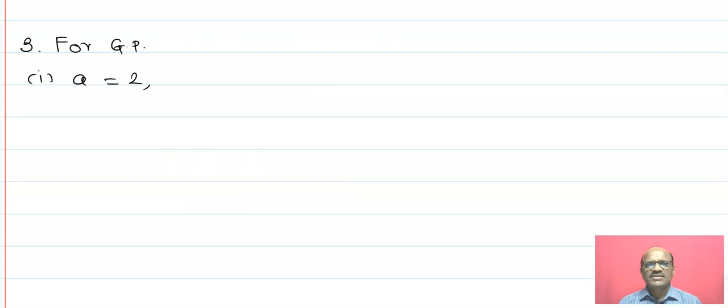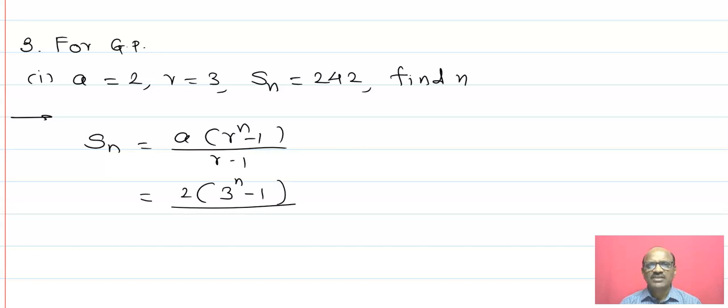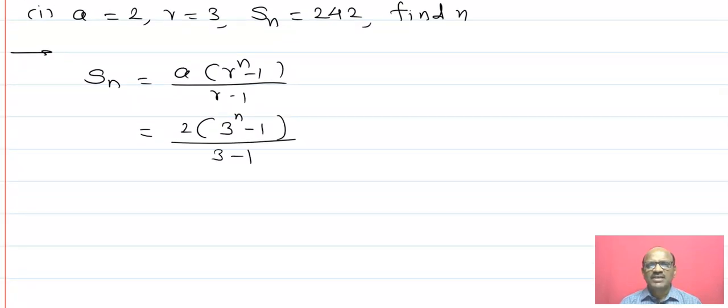Now the next is, for a GP, A is equal to 2, R is equal to 3, Sn is equal to 242. Find n. Now see this here. Sn is equal to A in bracket R to the n minus 1 upon R minus 1. Therefore, the value of A is 2, R is 3 raised to n minus 1 upon 3 minus 1.